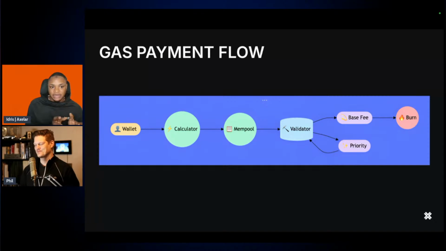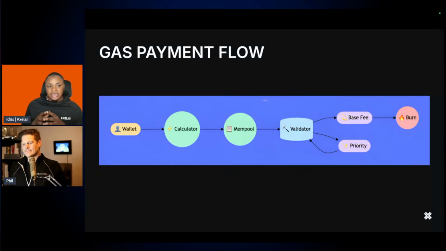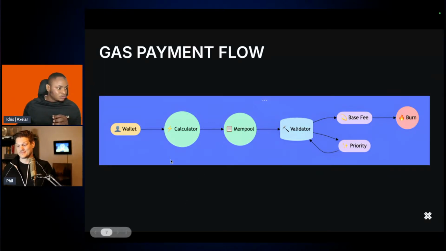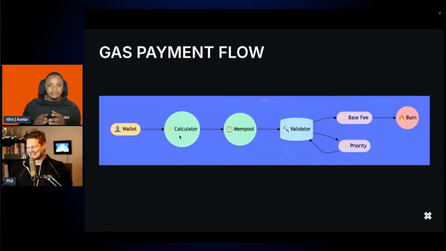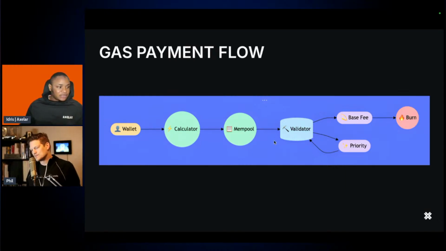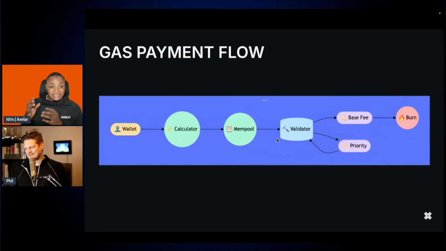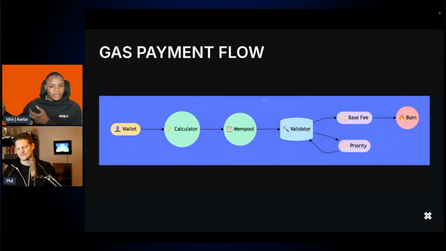When you want to perform a transaction on a blockchain, like sending tokens or interacting with a smart contract, the wallet initiates this process, and it goes straight to the calculator. The calculator estimates the amount that needs to be spent. You could think of connecting your wallet, like MetaMask or any wallet, and then you get this calculated estimation. It's very crucial because it determines the computational cost for your transaction. Think of it like estimating the fuel you need for a car journey.